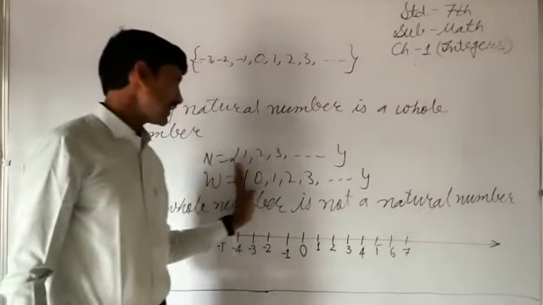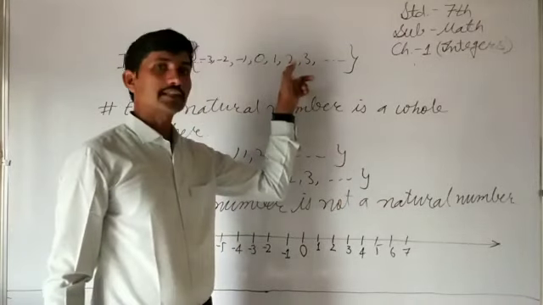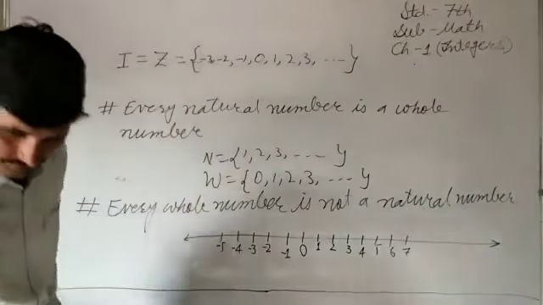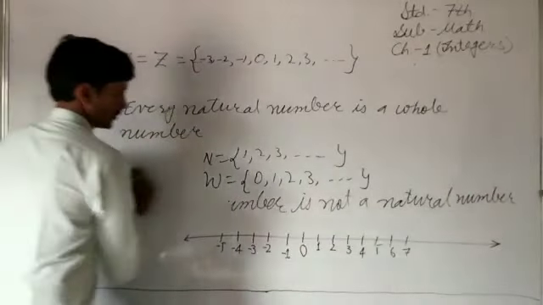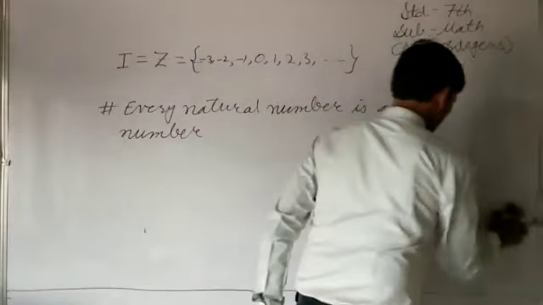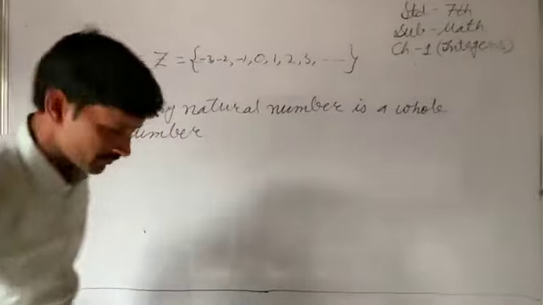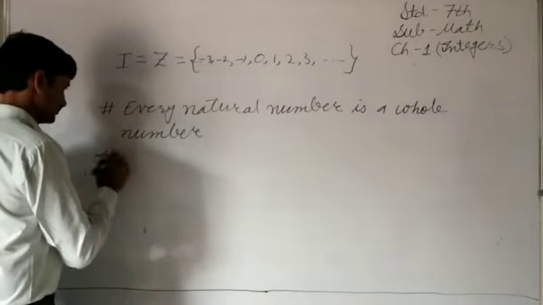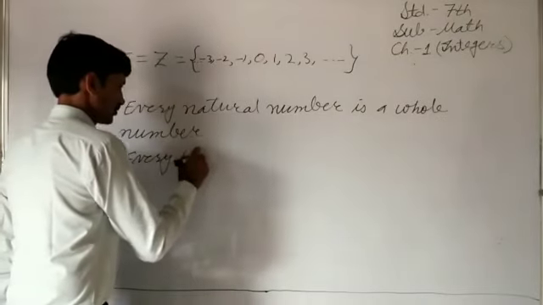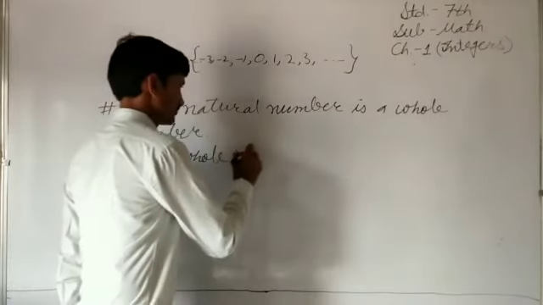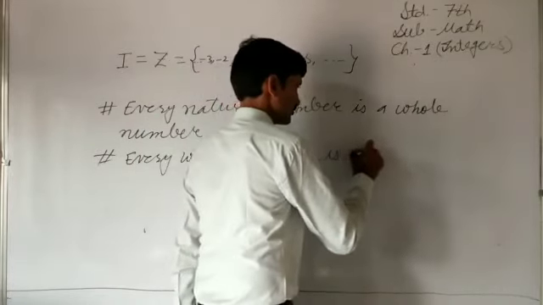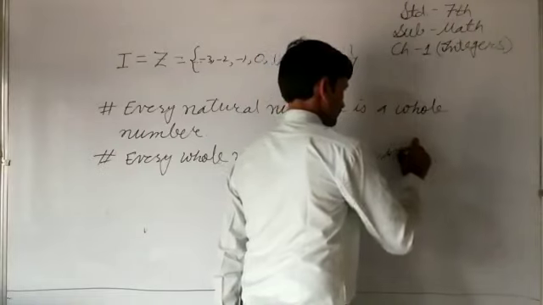So we can say every whole number is in this collection. So that's why every whole number is an integer. We have to keep in mind: every whole number is an integer.